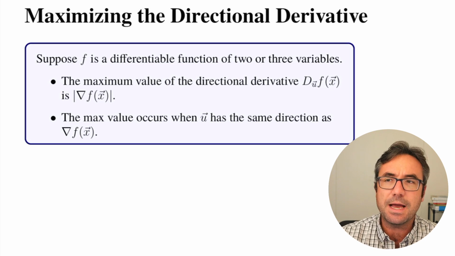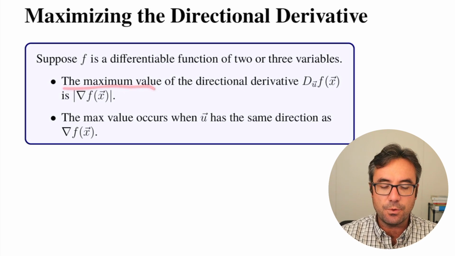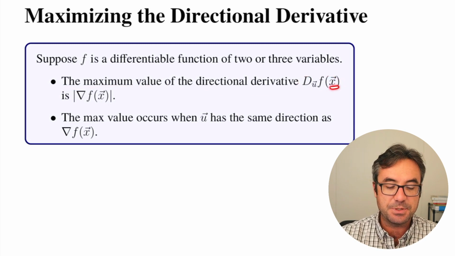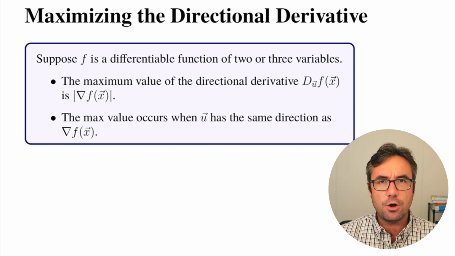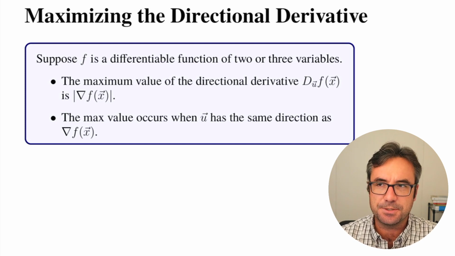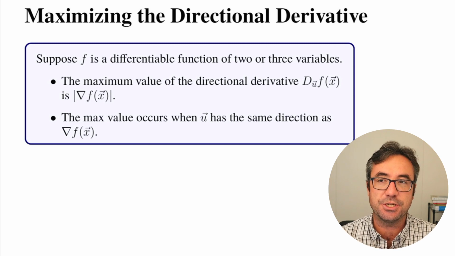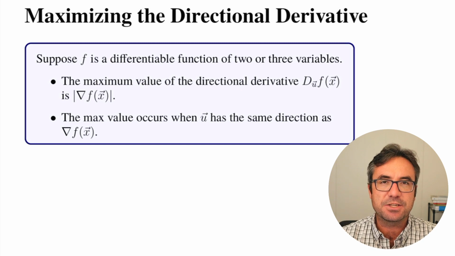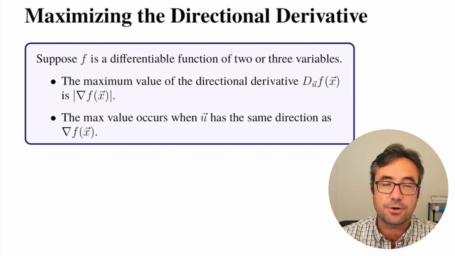And it says the max value of the directional derivative, at a specific point. So imagine we're standing at a specific point and we want to know where our function is changing the most, or what is the fastest our function is changing. So that max change, that max value of our derivative is the length of our gradient vector at that point.